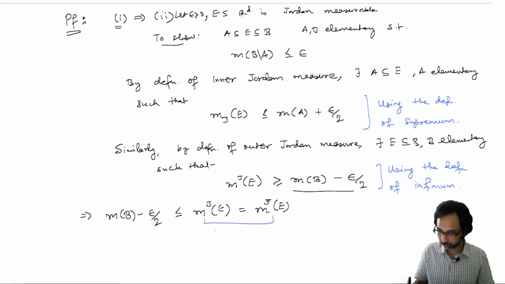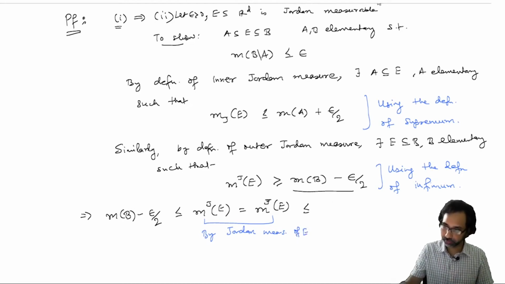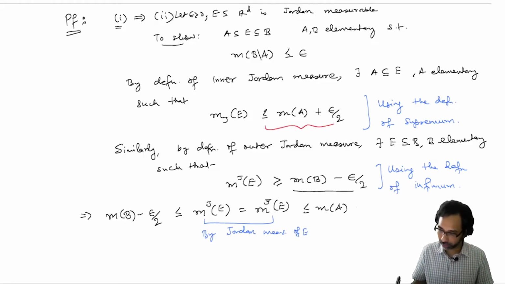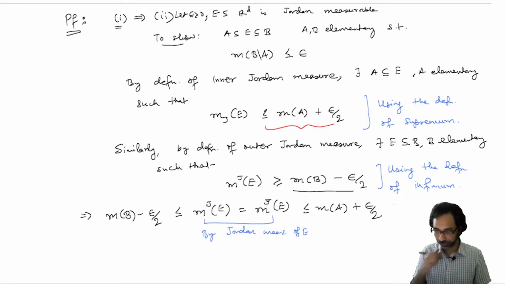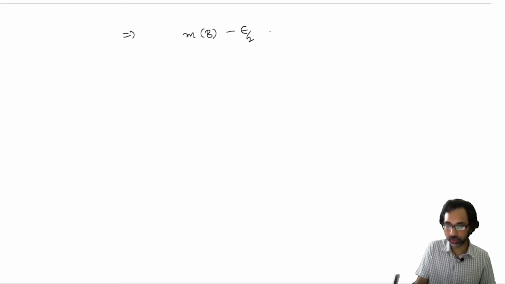So by Jordan measurability of E, and next we have, from the first inequality, m of A plus epsilon over 2. So if we consider the first term in this chain of inequalities and the last one, then we have what we want. So this implies that m of B minus epsilon over 2 is less than or equal to m of A plus epsilon over 2.